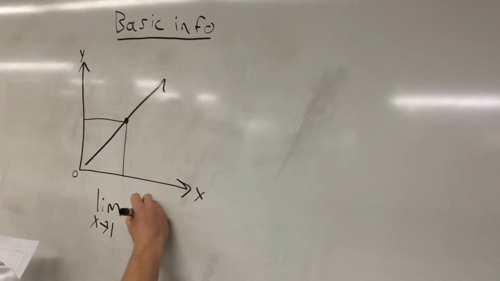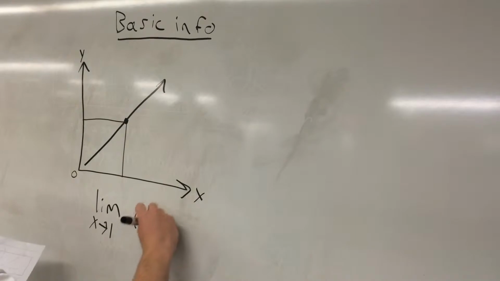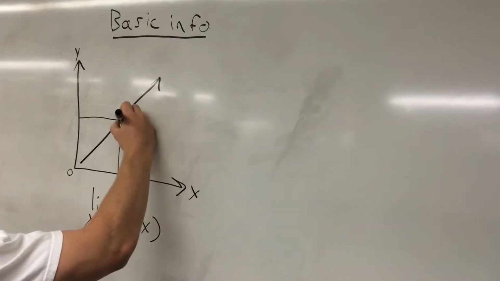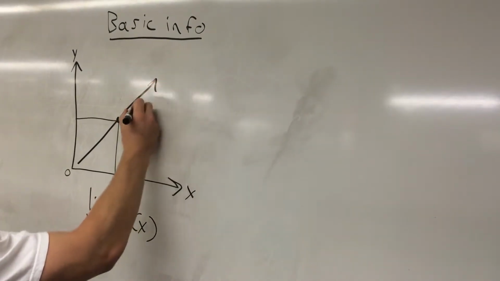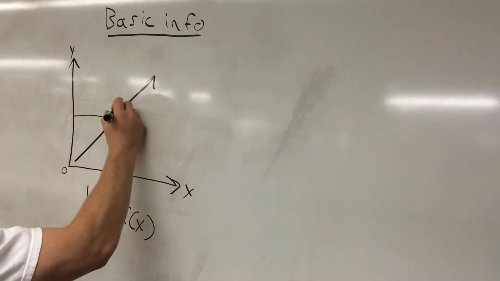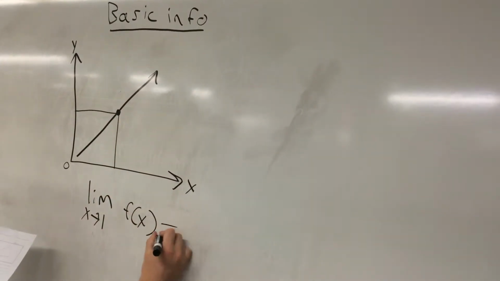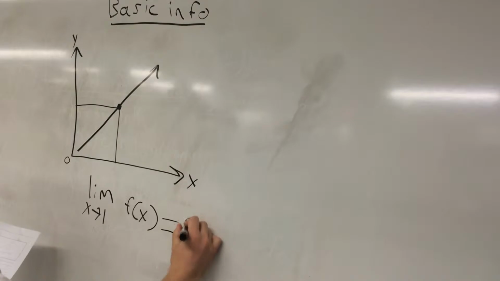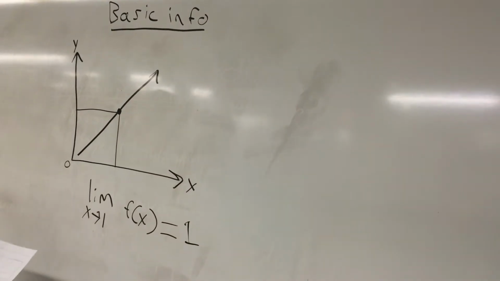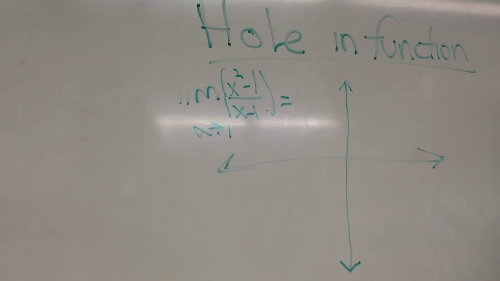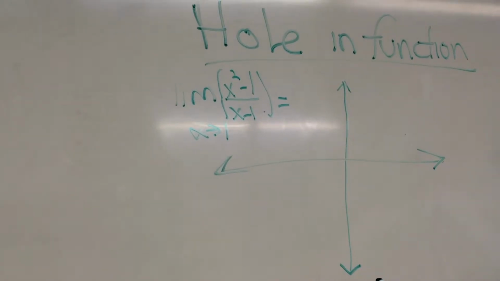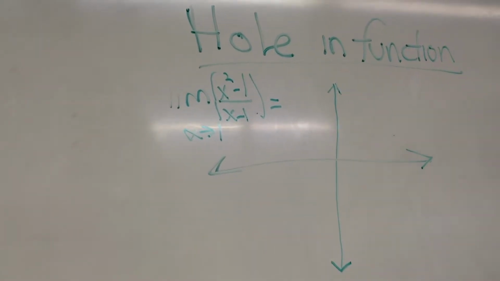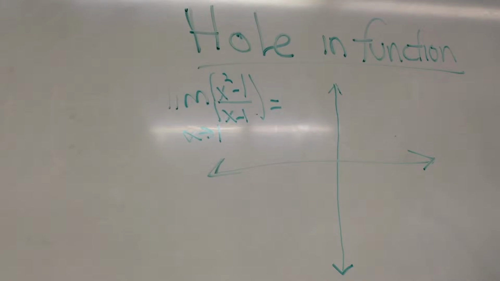Another situation with limits is when there's a hole in a function, otherwise known as a removable discontinuity in a function. It is typically when there's a 0 in a denominator of a function. Therefore, the point doesn't exist when the denominator is 0. An example of this is with the function x squared minus 1 over x minus 1, which the graph looks like this.